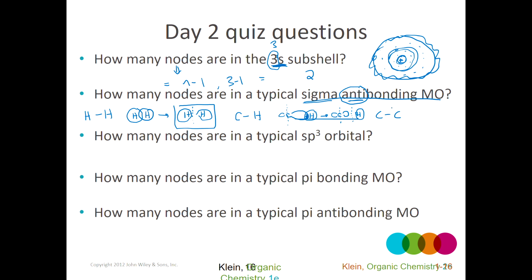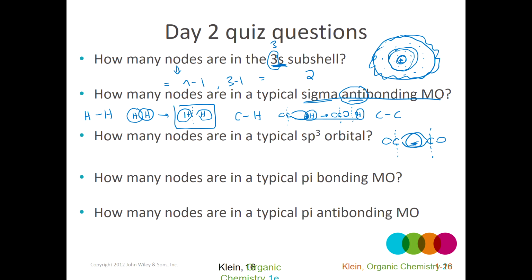In the CC bonds we already looked at today, normally we don't always think about all the nodes, because typically when we think about an sp3 hybridized carbon, we only think about the larger lobe of electron density. The smaller one is often ignored. But there are two there, and there is already a node there. So if two carbons that were both sp3 overlap their orbitals, there are already two nodes.